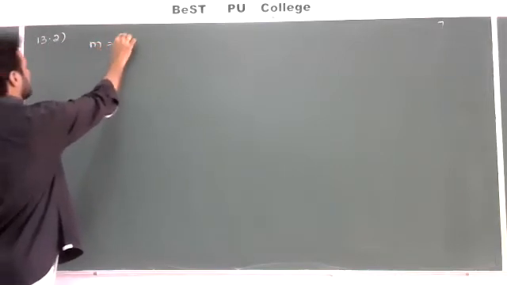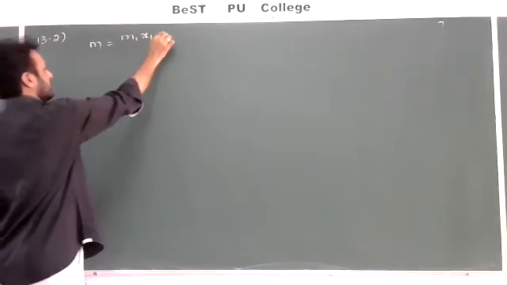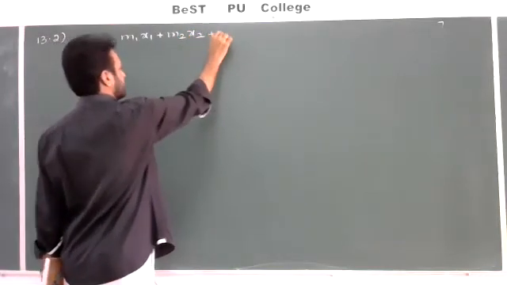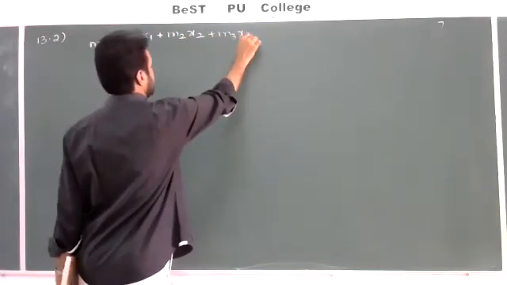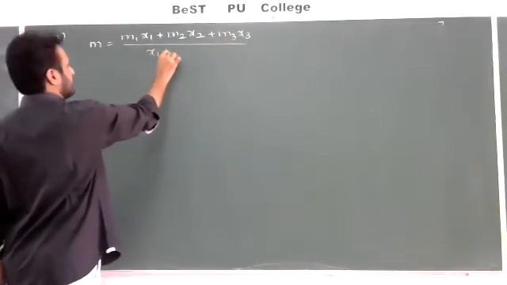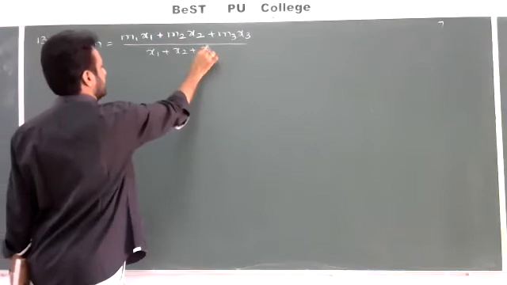Average atomic mass, 13.2 solution: m is equal to m1x1 plus m2x2 plus m3x3 divided by x1 plus x2 plus x3.